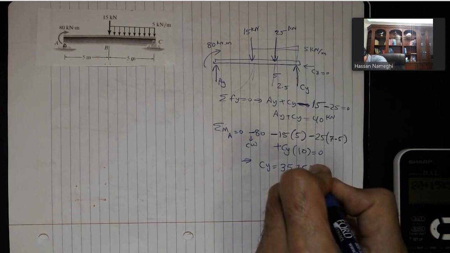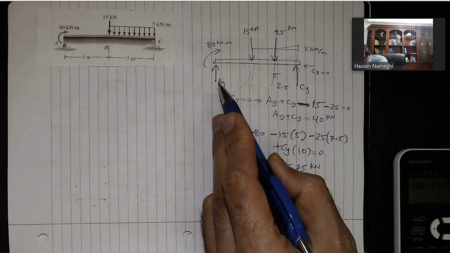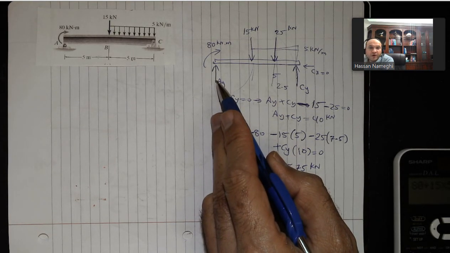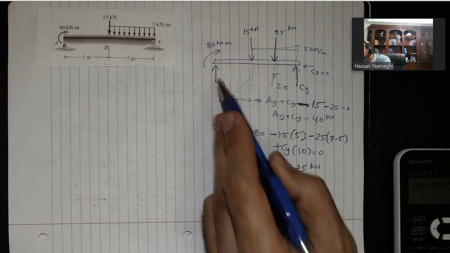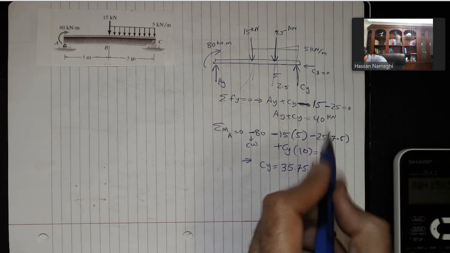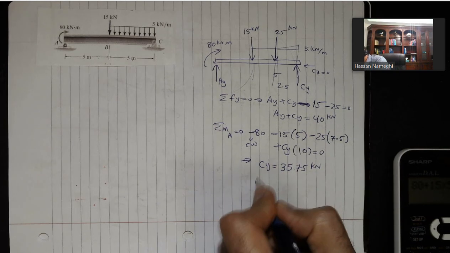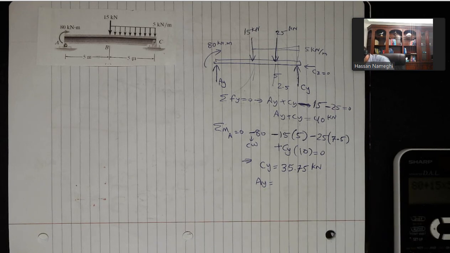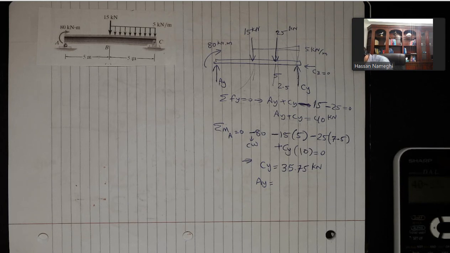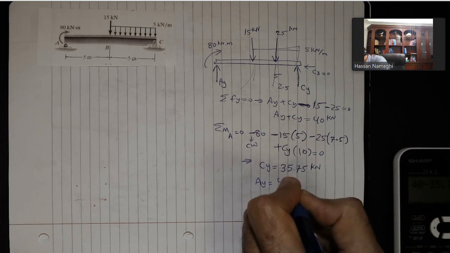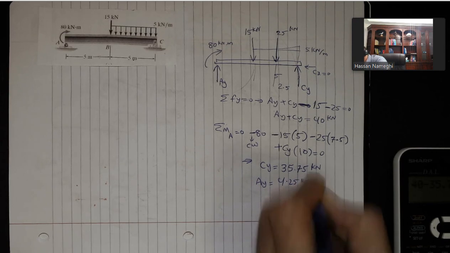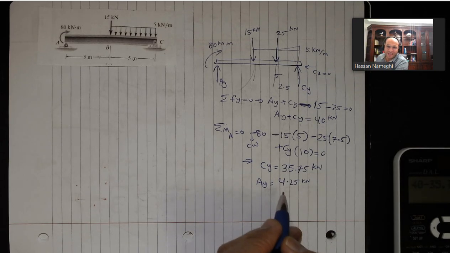That's going to be for the Cy, kilonewton. Ay, I can actually calculate to see how much the amount of Ay is. So Ay plus Cy was 40, and Ay would be equal to 40 minus 35.75, it's going to be 4.25 kilonewton. Okay, we found the ground reactions after a while.